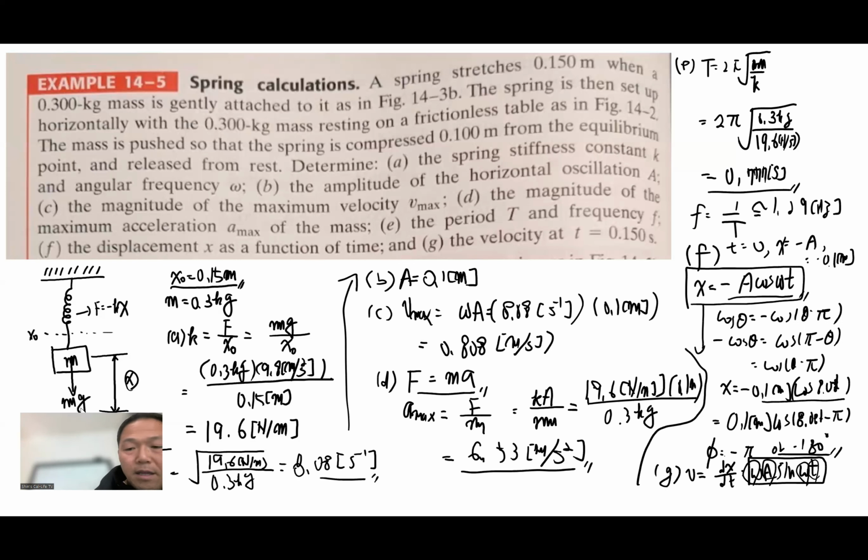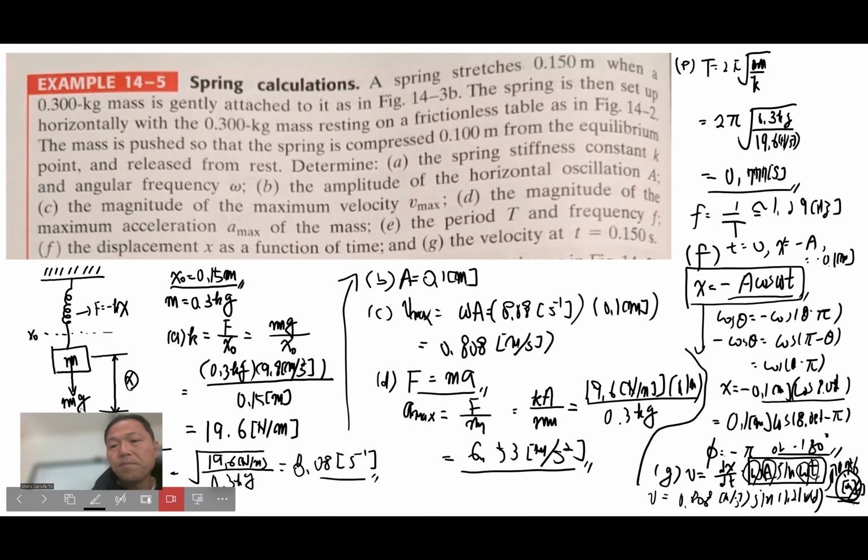Then velocity should be 0.808 meter per second times sine of 1.21 radian. That leads to the answer of G, which is 0.756 meter per second. Okay.